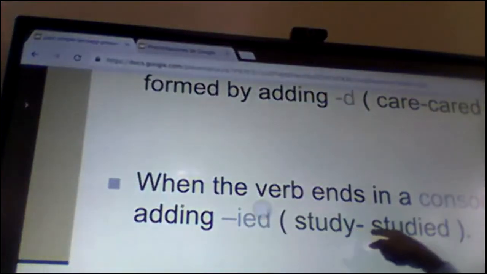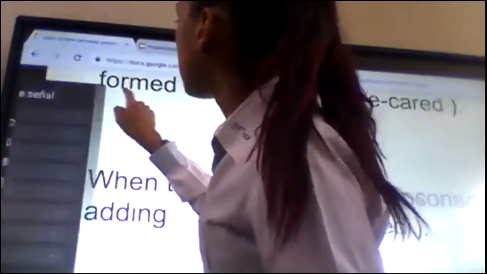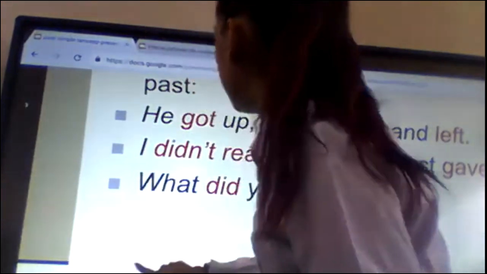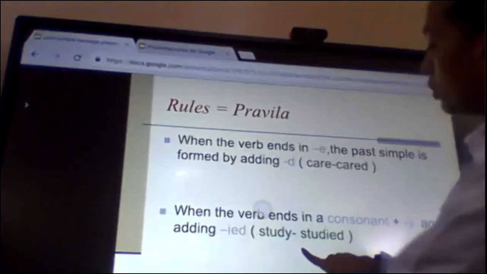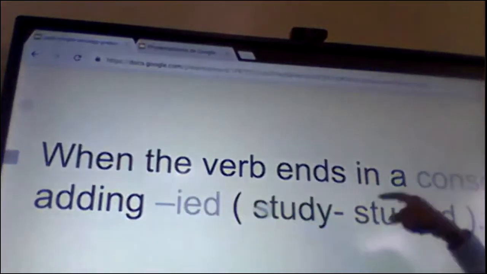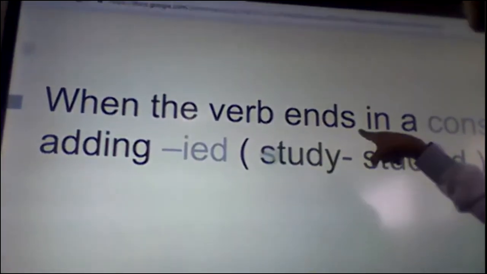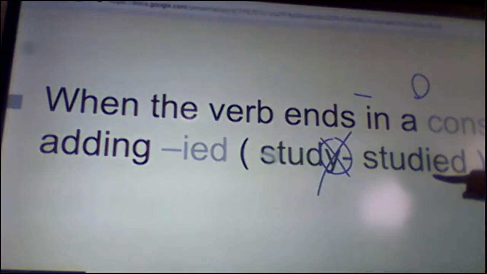So in the case of "study", what we do is take out the letter Y. Here you can see it. The letter Y goes away, and we add I-E-D.